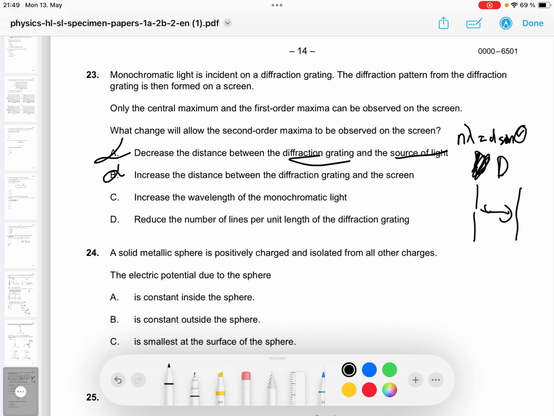And C says increase the wavelength of the monochromatic light, and D says reduce the number of lines per length unit on the diffraction grating.